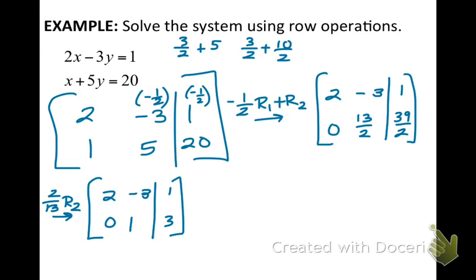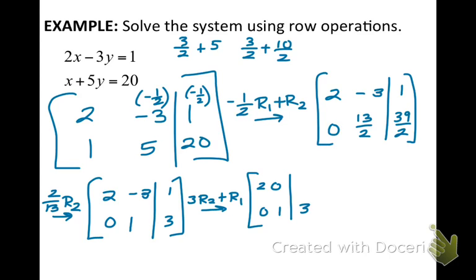3 times R2 plus R1. Perfect. 3R2 plus R1. So R2 stays the same. 0, 2, 0. Nope, 3 times 3 is 9.